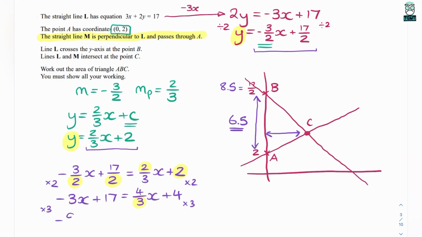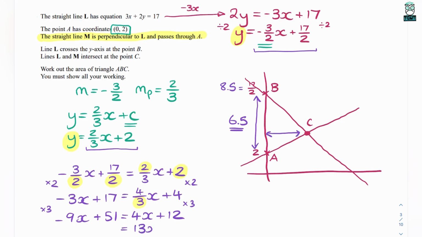So that would be negative 9x plus 17 times 3 is 51. And that is equal to now 4x plus 12. There we go. You just got to make sure you multiply everything there by the 3. That is a much nicer equation to solve now. If I add 9x to the other side, that would be 13x.